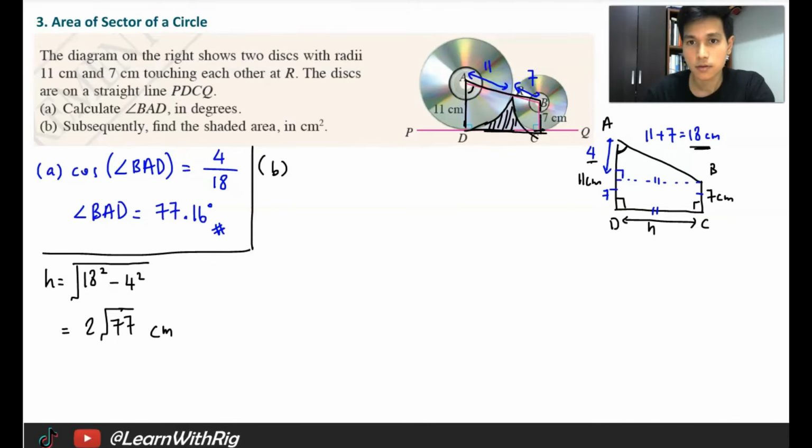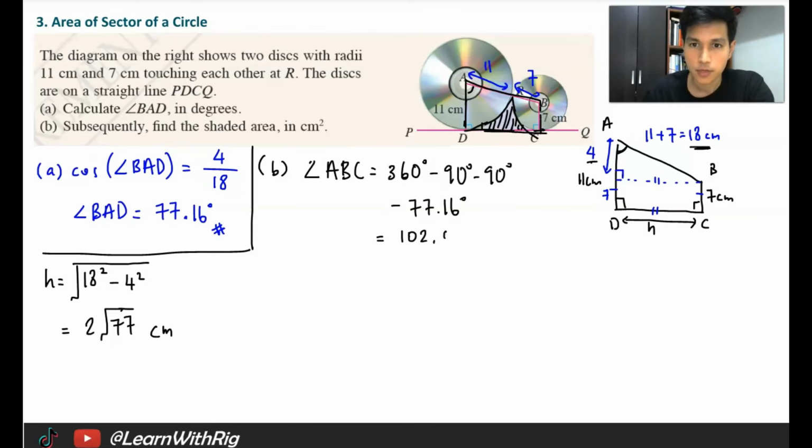Let's find angle ABC. That angle is equal to 360 minus 90 minus 90 minus 77.16, which is 102.84 degrees. Of course, we have to change this angle to radian because we want to use it to solve the area.